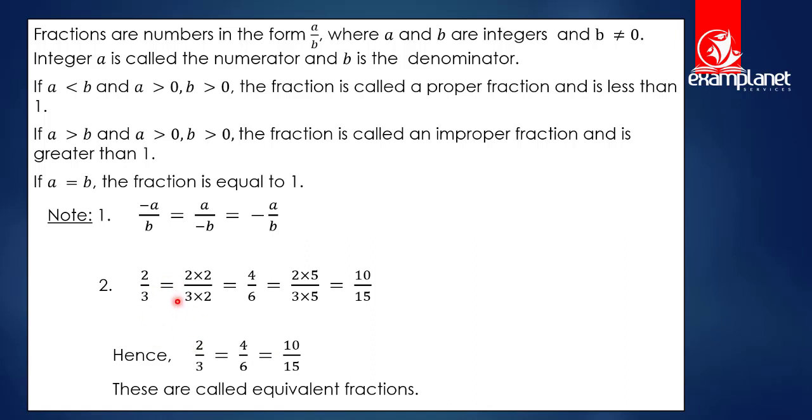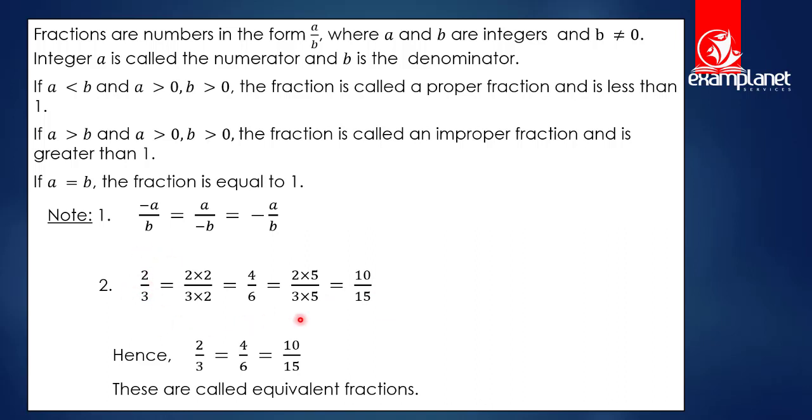So one thing you must understand is that if you multiply the numerator and denominator by the same number, you will produce a fraction that is equal to that same fraction. If you multiply the numerator and the denominator by the same number, you are going to produce a fraction that will still be the same as that initial fraction.